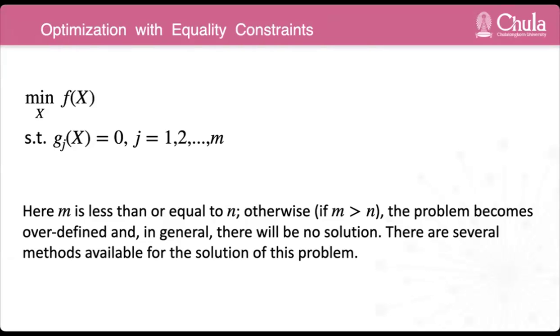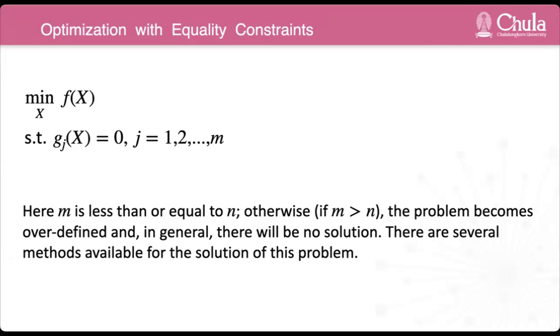We have a minimization problem. We're going to minimize this objective function f(x), subject to the equality constraints g_j(x) = 0. J can be as many as you want.